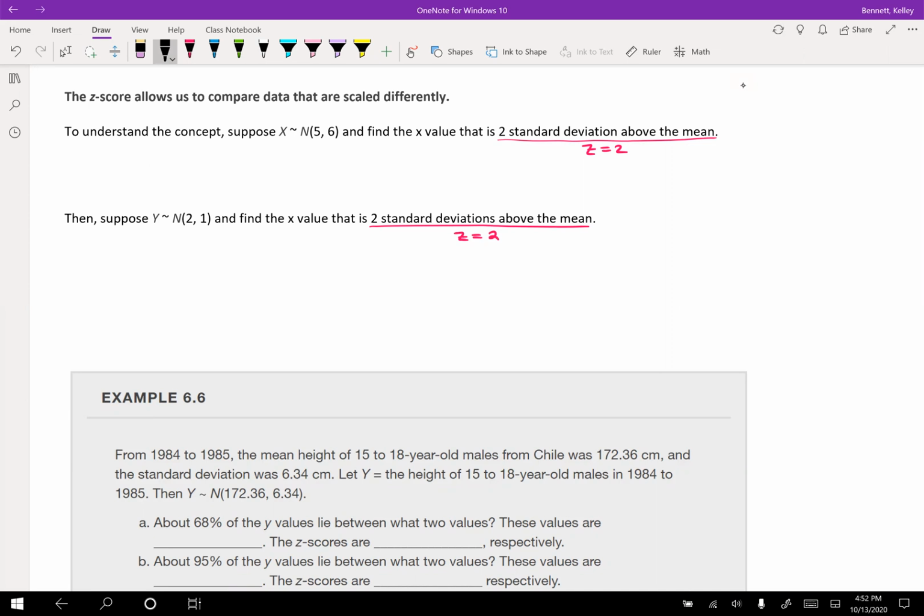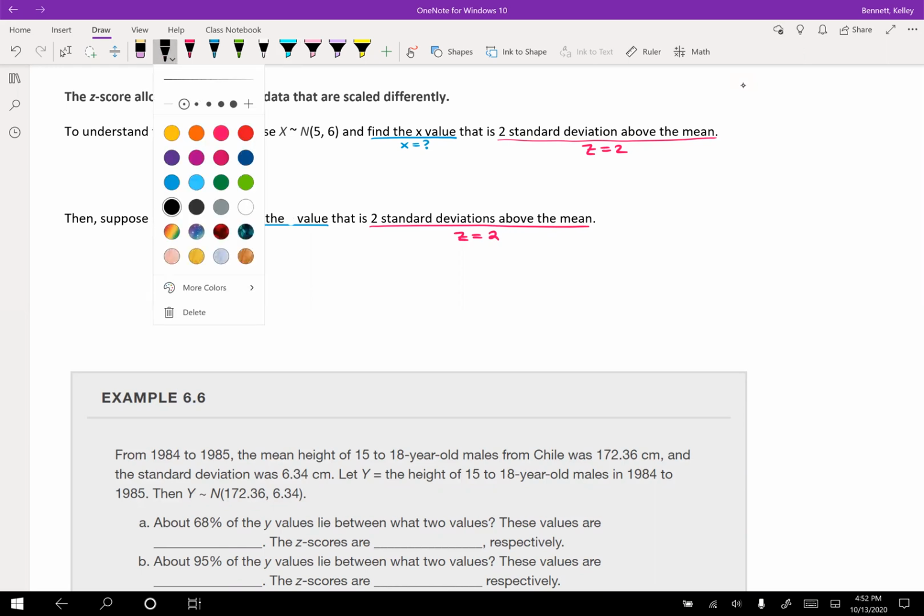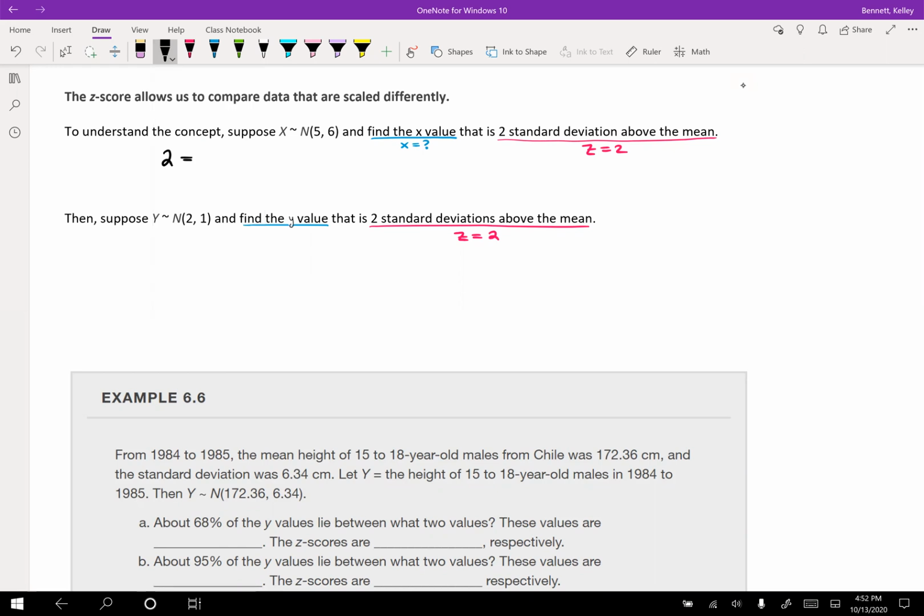So what we're going to get is that 2 equals, find the x value. I'm going to turn this into a y. Right, so we don't know.